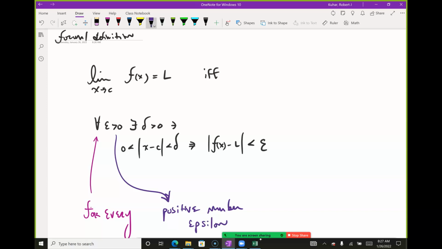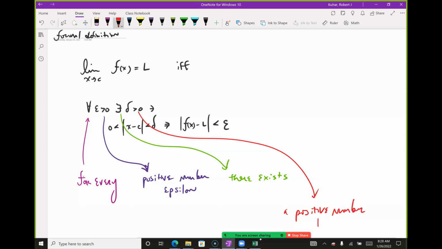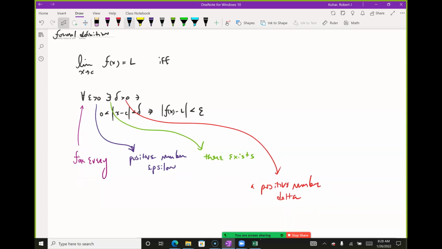There exists, that's the one I'd have to find. I'd have to find this other positive number, a positive number delta. Such that, I think that might be the last piece that we don't understand.